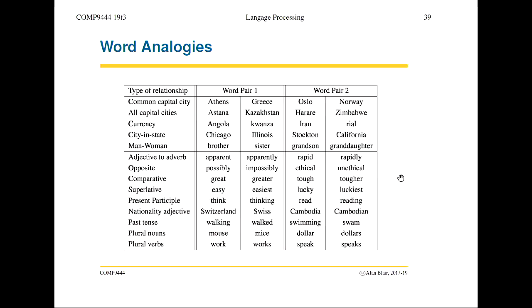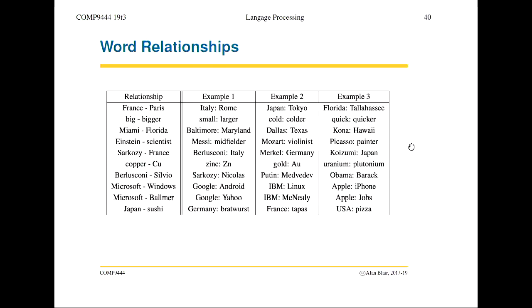So you can try out all of these different things. You can train on certain relationships and use it to predict others, and generally it does a pretty good job, although occasionally it makes a mistake.